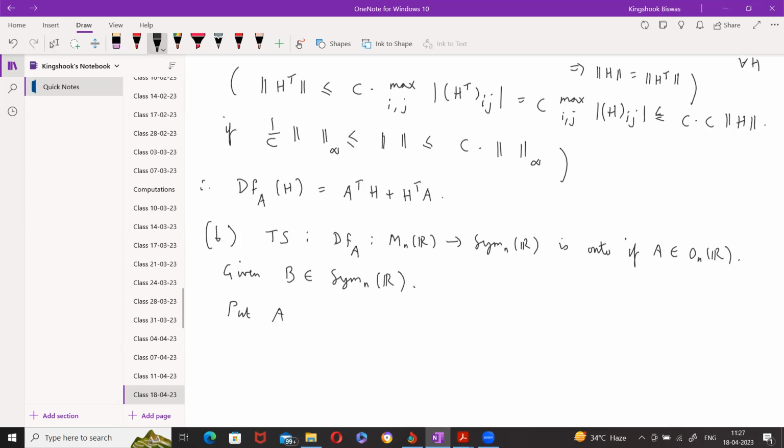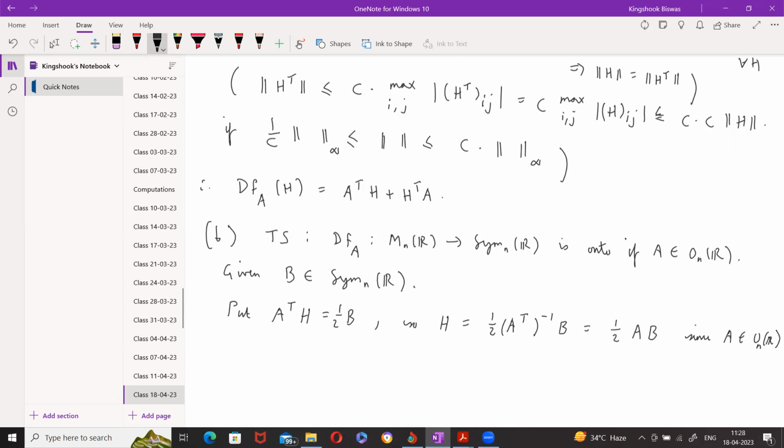So put A transpose H equal to half B. So H becomes half A transpose inverse into B, and A transpose inverse is equal to A, since A is in O n.